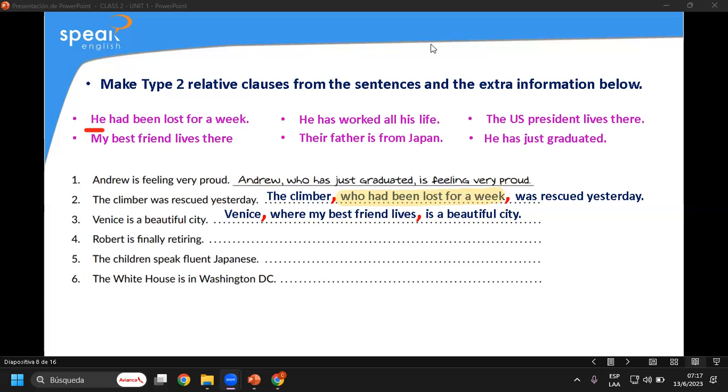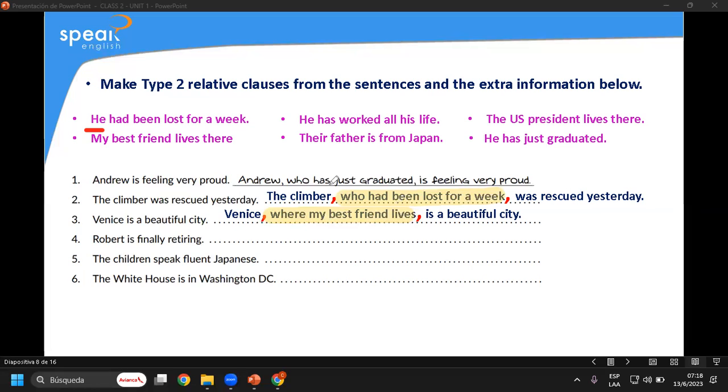Remember that the information here, guys, is additional. It's just extra. We can omit it or not. And we put it here to specify the place, to give more details about the place that I'm talking about. In the previous one, I'm talking about the climber, so I give extra information about the climber. That's why we put it here in the middle.